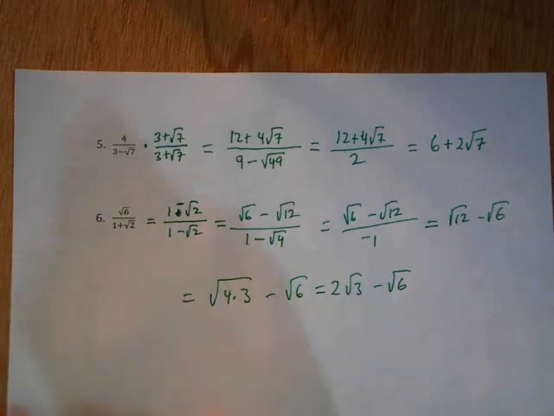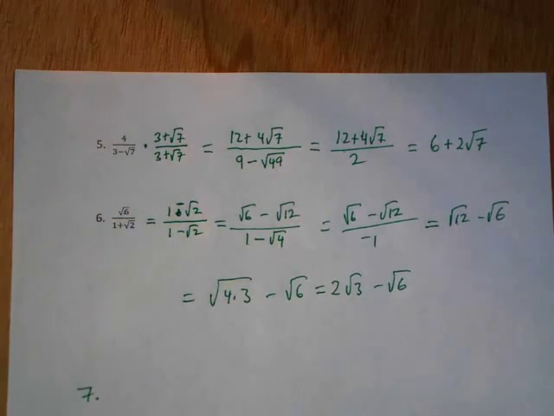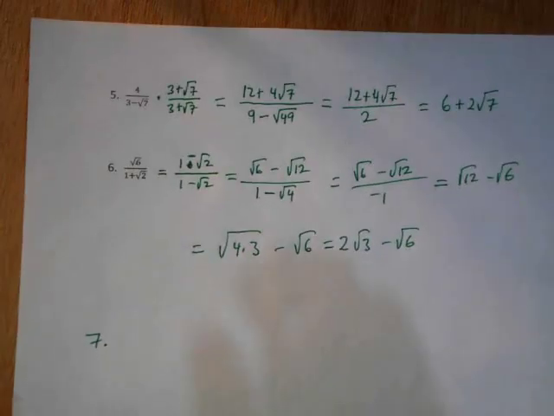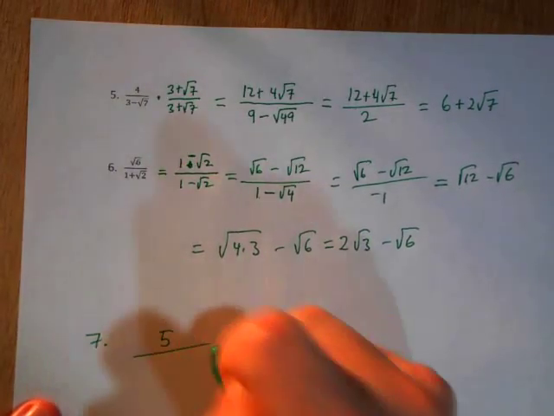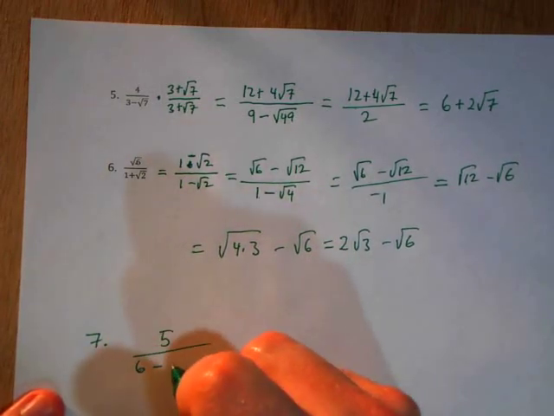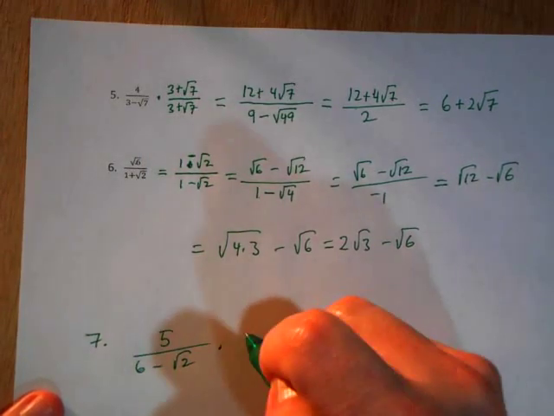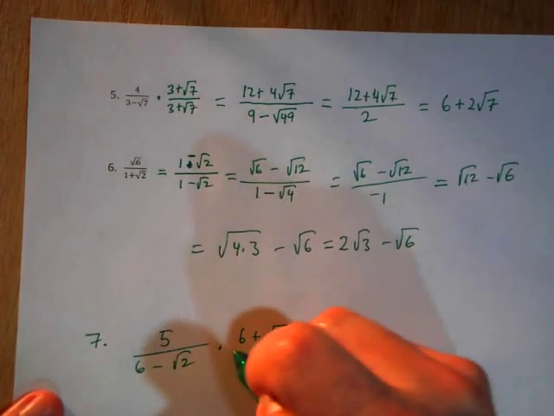Now I'm going to throw in one more problem here just because, again, I picked problems at random here, and it came out that the fractions always went away, and I just want to show you that doesn't always happen. Let's say I give you 5 over 6 minus square root of 2. We would multiply by the conjugate, 6 plus square root of 2.